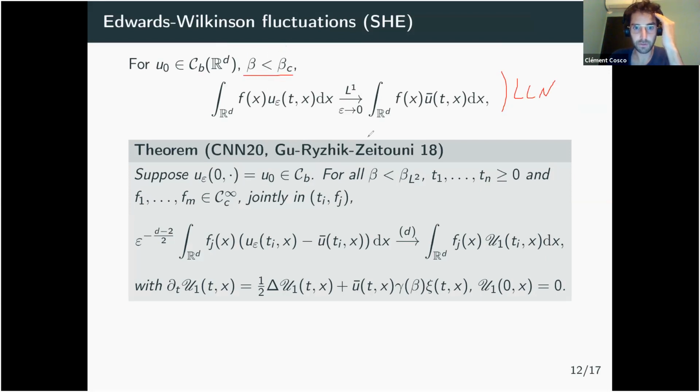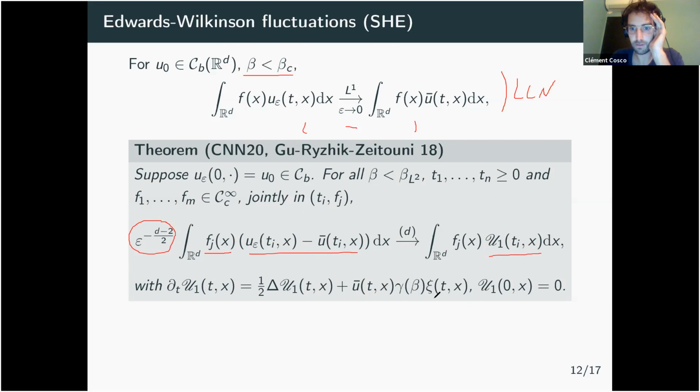What has been first shown by Gu, Ryzhik and Zeitouni is that if you look at the difference between this term and this term, here is the difference tested against the test function, and if you rescale by a correct factor, you will end up with a U1, which is a solution of the Edwards-Wilkinson equation, described here. The Edwards-Wilkinson equation is a stochastic heat equation where the noise is additive.